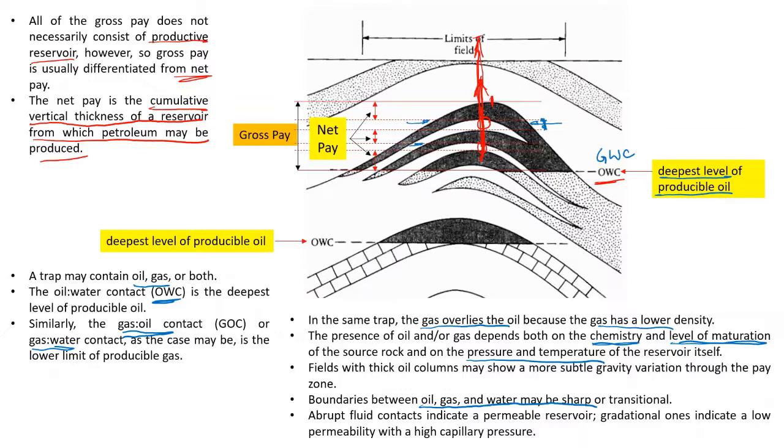But if it is a gradational contact, you see that slightly the oil zone is entering into the gas zone, and the water zone is entering into the oil zone. Here the permeability is lesser, and once the permeability is less, the capillary pressure will be higher and that will push the liquids into intruding into each other's zone. So this contact is decided by the permeability of the reservoir.